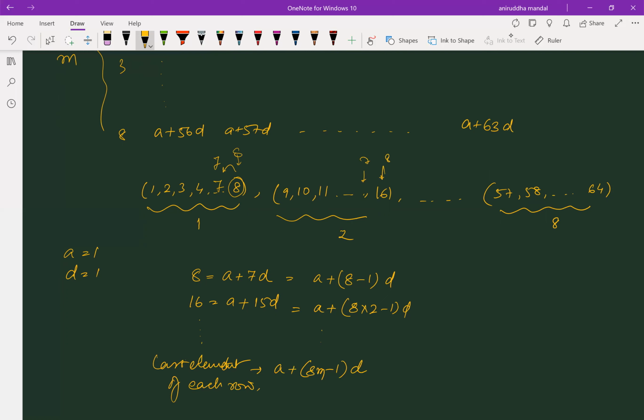So in terms of column, we can write this as a plus 8 into 1 minus, this is 9 minus 8.